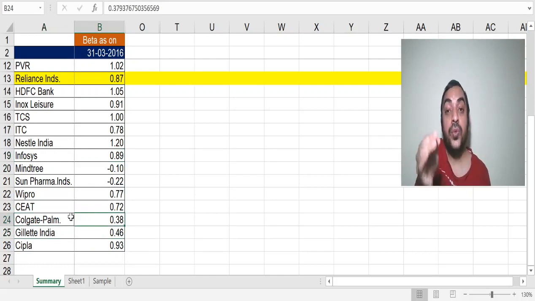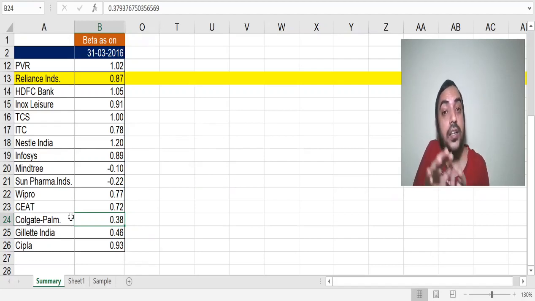Beta less than 1 means the movement of these securities is slower, lesser than the market. So risk is also lesser than the market.